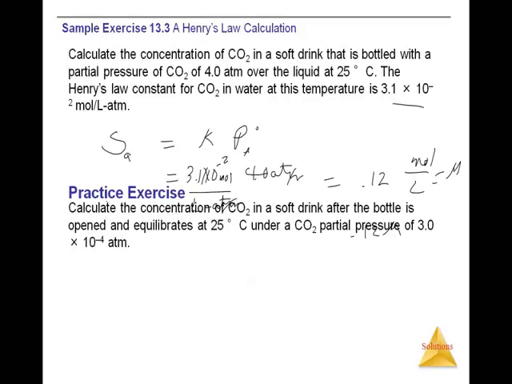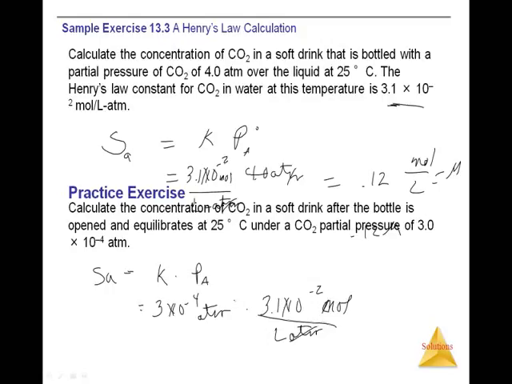So the solubility in this case is going to be K times the partial pressure, and the pressure is 3 times 10 to the minus 4 atm. And my K, my constant, is the same: 3.1 times 10 to the minus 2 moles per liter atmospheres.